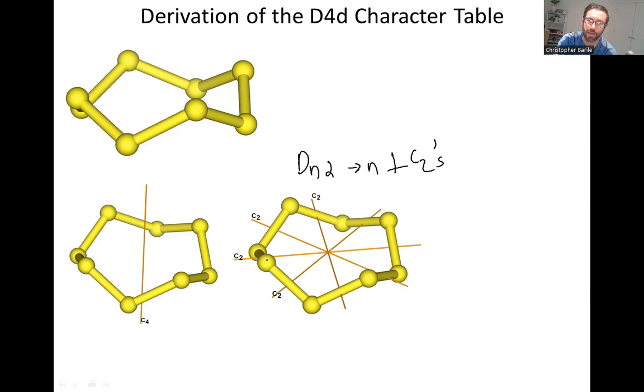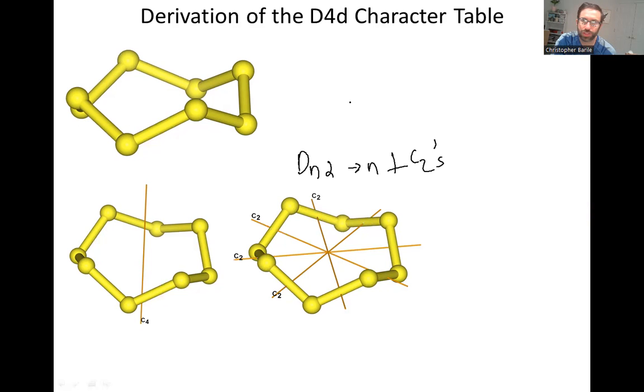And here they are. You can see it flips the molecule on itself, and takes this to here, this to here. We're talking about this axis here. They're a little hard to visualize, but they cut in between the bonds here. And so we have 4 of them.